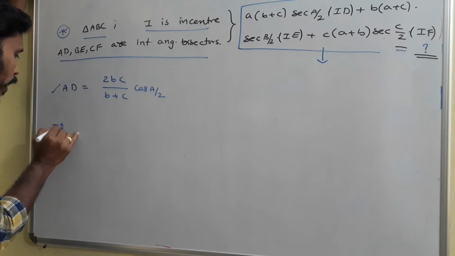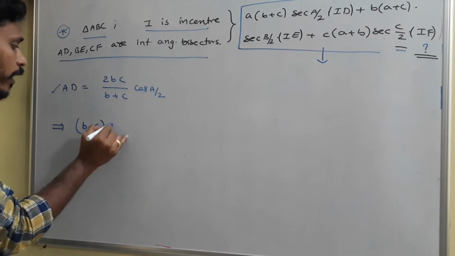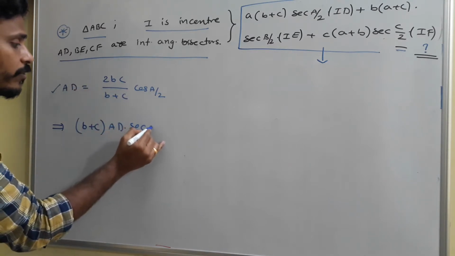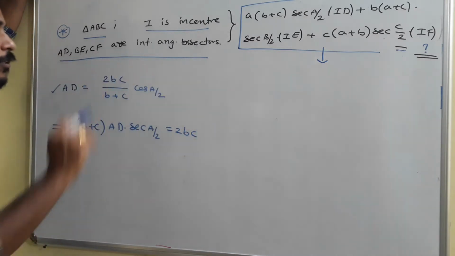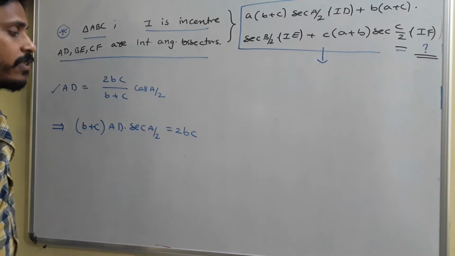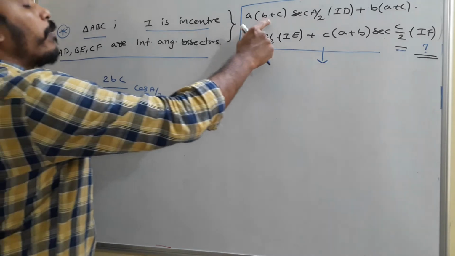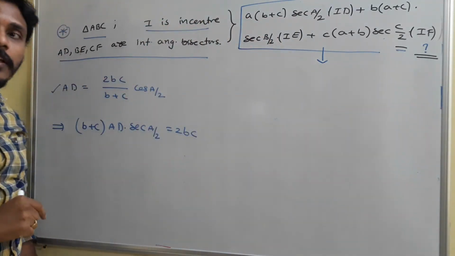Now it is very clear that (B plus C) into AD into secant A by 2 is equal to 2BC. That's one thing. The next idea is, if you look at the first term, (B plus C) into secant A by 2 is already there, but along with it A is also mentioned.